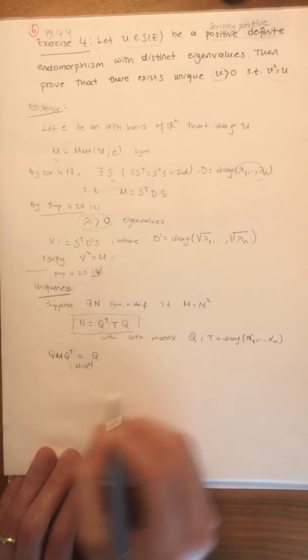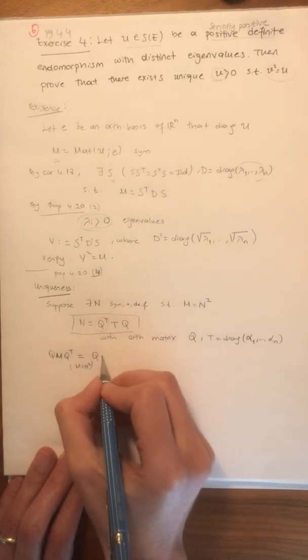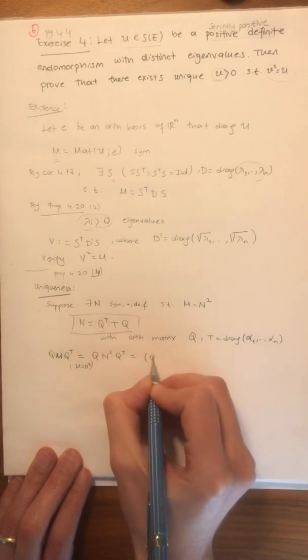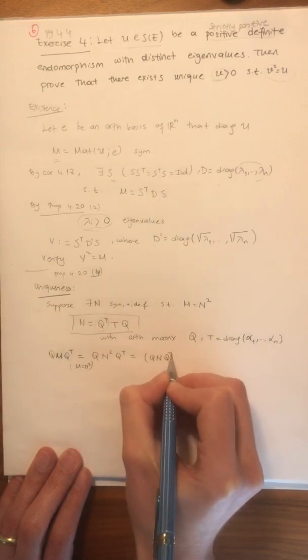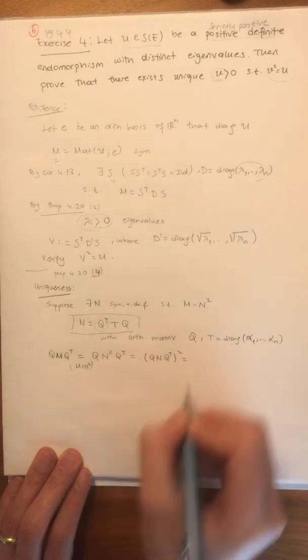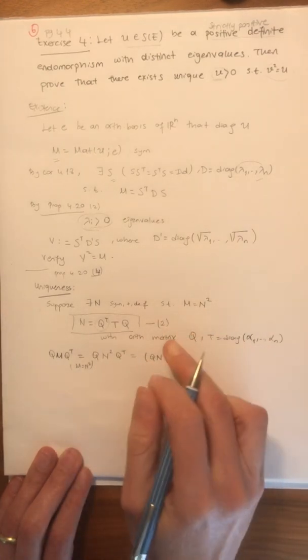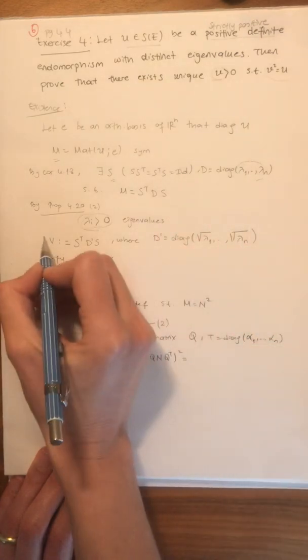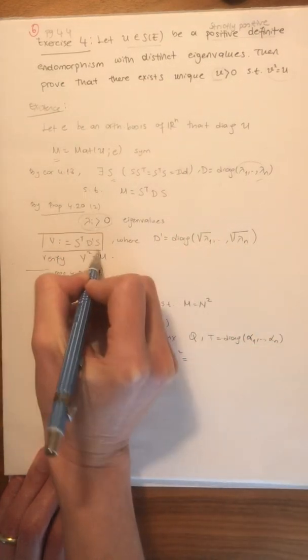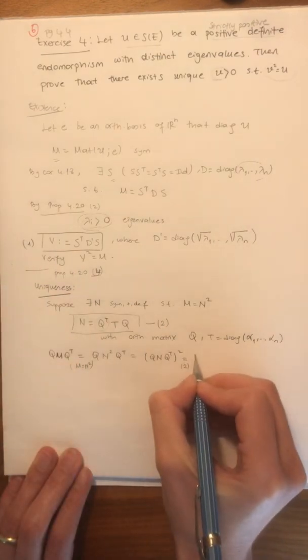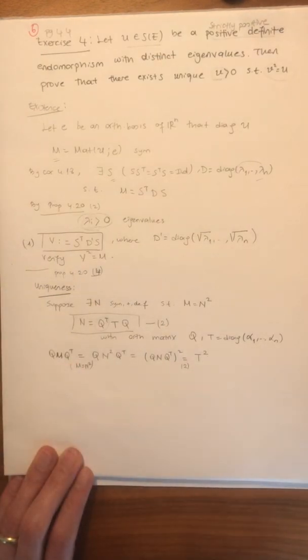By the assumption we know that M is equal to N squared. Let me denote this equation 2, and let me denote this equation 1. And by 2 we know that this is equal to T squared.